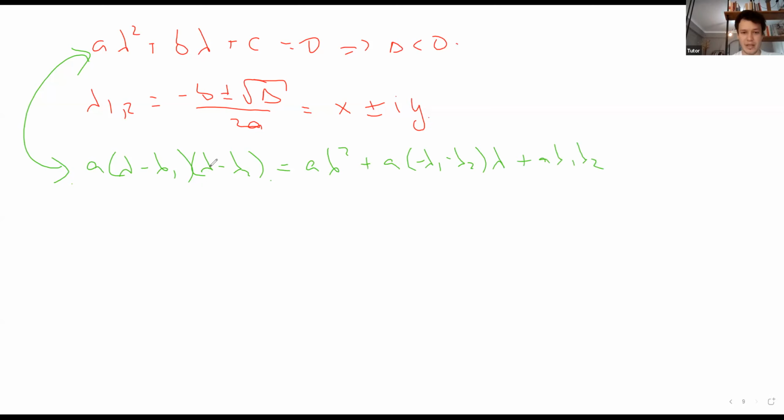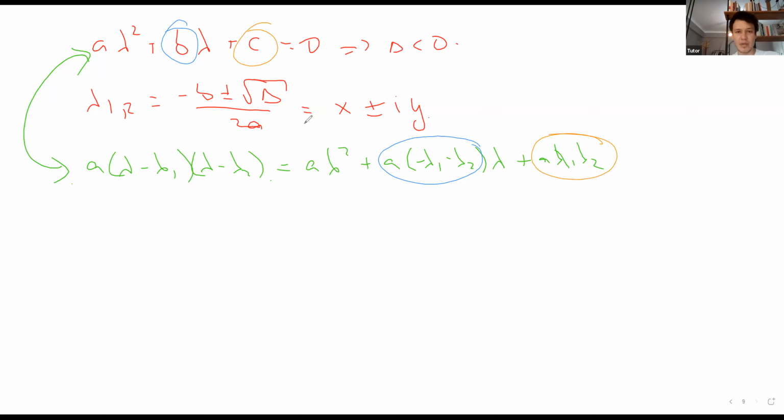So what you end up getting is exactly Vieta's theorem. This term here is going to be the term b, and this term here is going to be the term c. So this is exactly just Vieta's theorem. So you can think about that.